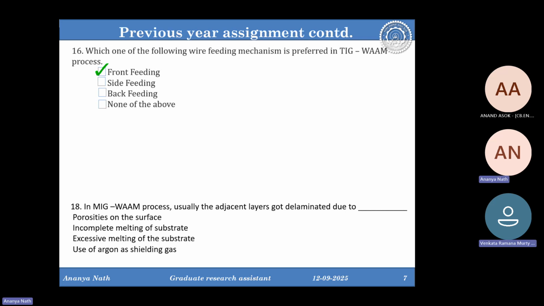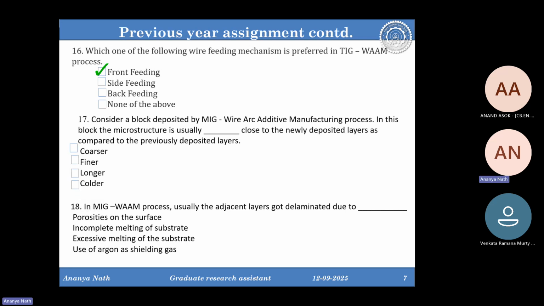Whether you're going from left to right or right to left, it will be similar. If you are using back feeding, then for some corner or some tilting, or moving the axis, your wire may hit the torch. So that's why front feeding is better.